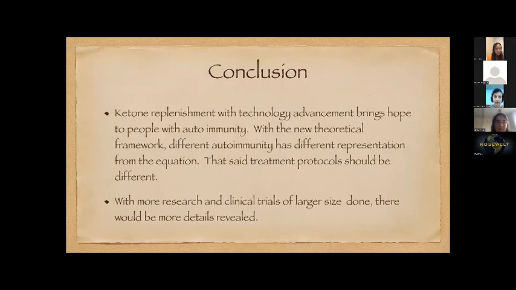And next, conclusion. Ketone replenishment with technology advancement brings hope to people with autoimmunity. With the new theoretical framework, different autoimmunity has different representation from the equation. Thus, a treatment protocol should be different. So don't say that autoimmunity is always the same. Actually, they are different if you take into account the mitochondrial activities and the inflammatory response.